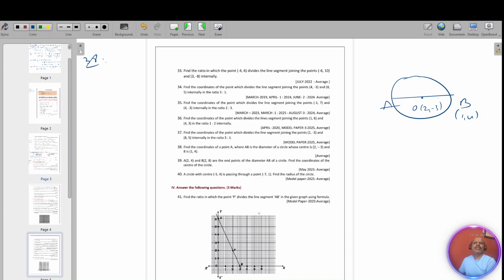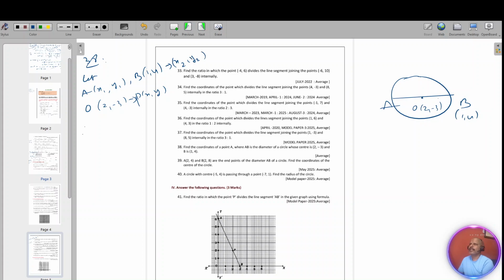You know the center of the diameter is O here, the center of AB, right? Because if this is the center, we can use the midpoint formula. Let A be (x1, y1), O (2, minus 3) be P of (x, y) because it's the center, and B (1, 4) be (x2, y2).